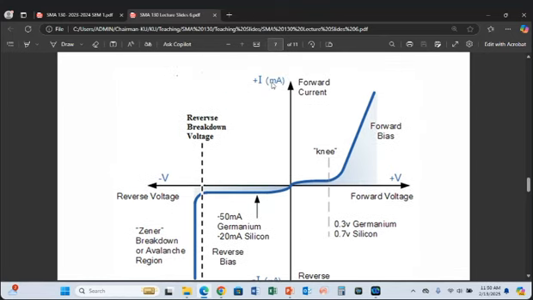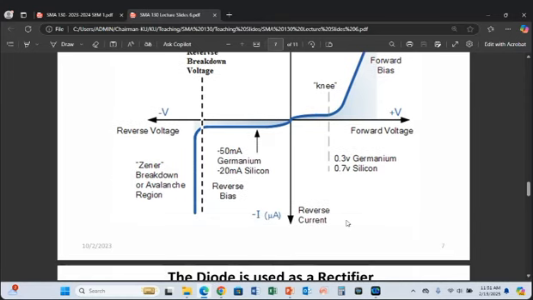Look at the current axis for reverse bias: it is measured in microamperes, compared to the forward biased current, which is measured in milliamperes. So as you increase the biasing voltage in the negative direction, you get very small current, because the diode is reverse biased. Micro means a millionth.